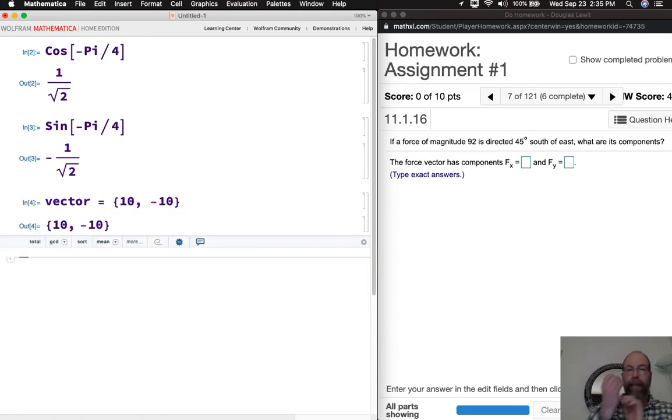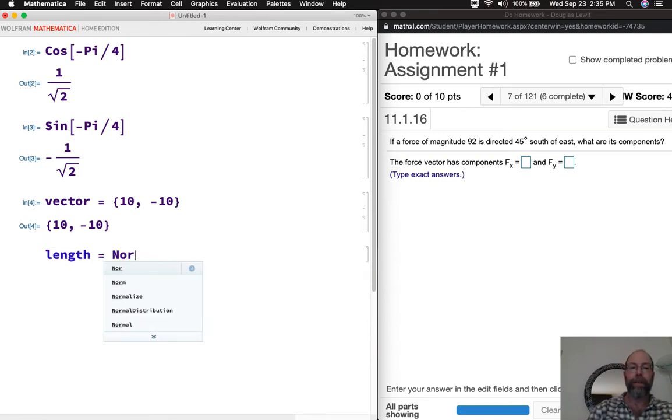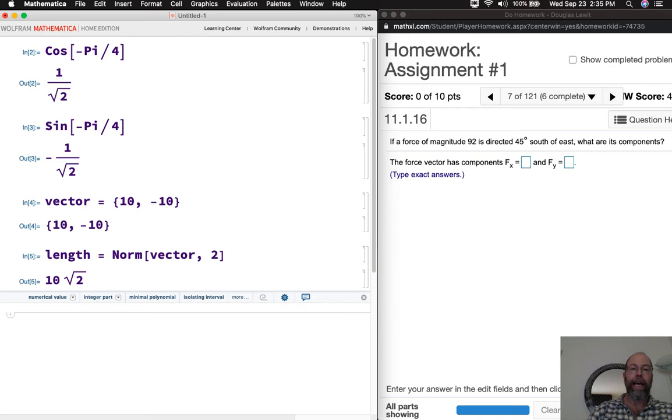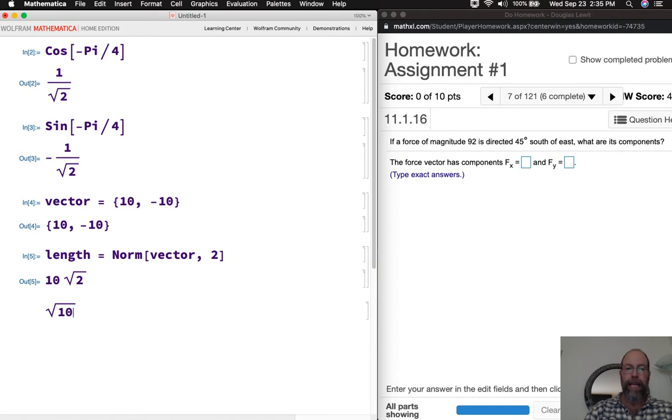And the length of my vector is going to be norm(vector, 2). That's the same thing as doing this: Control 2, 10, Control 6 squared, plus negative 10, Control 6 squared, Shift Enter.